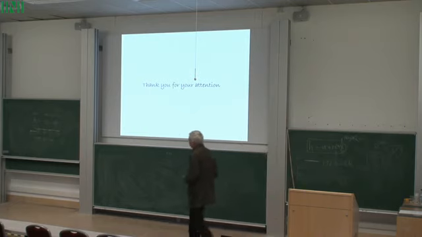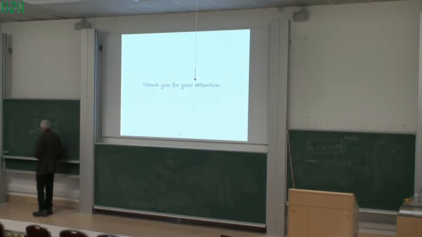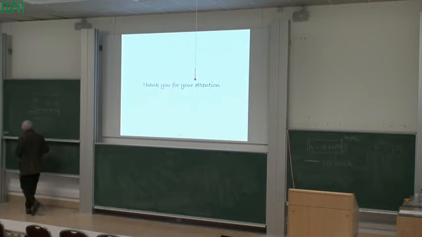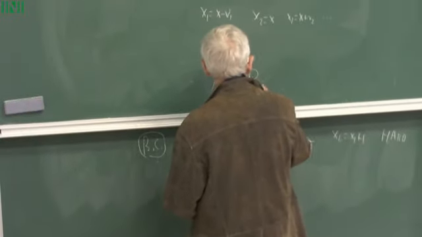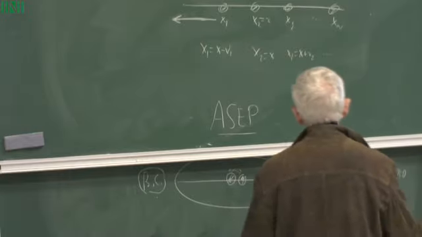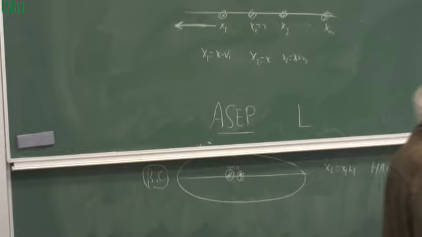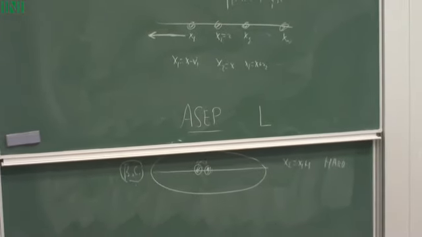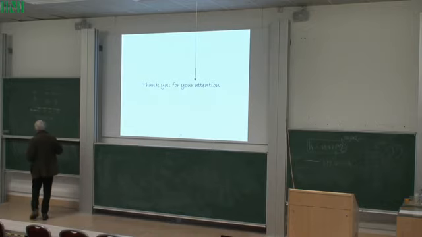Yeah, what it turns out, maybe if I have a couple of minutes still, it turns out ASEP, what we've been talking about, is a Markov process, so it has a generator, L. That generator is a similarity transformation, not a unitary transformation.